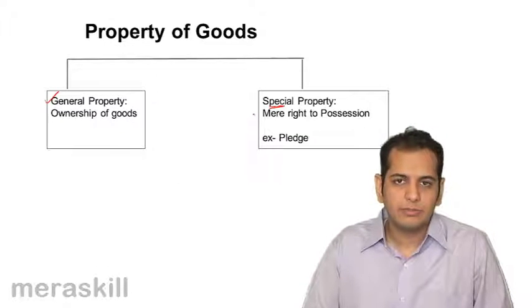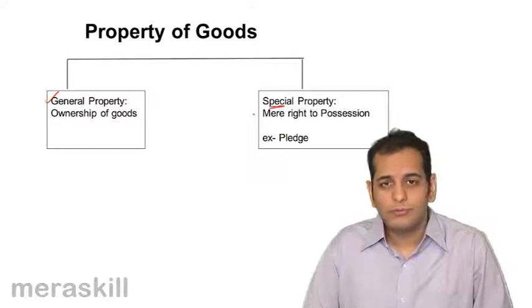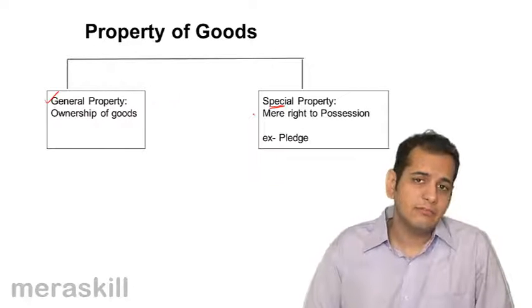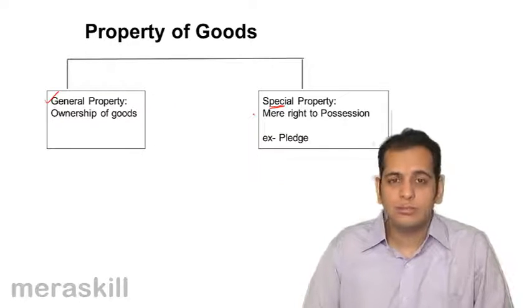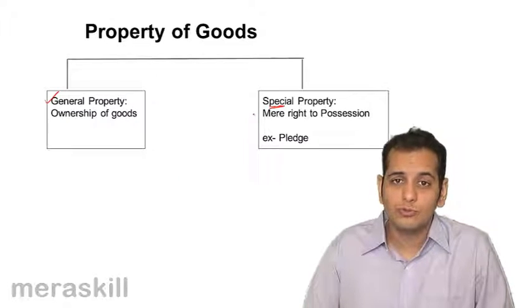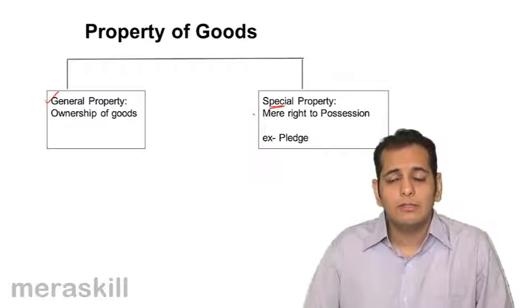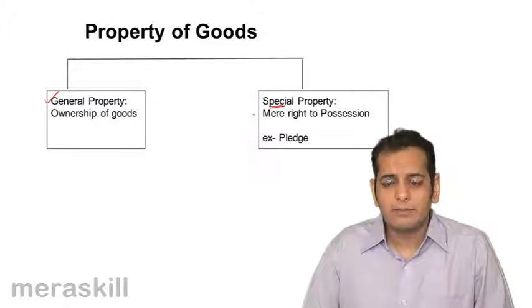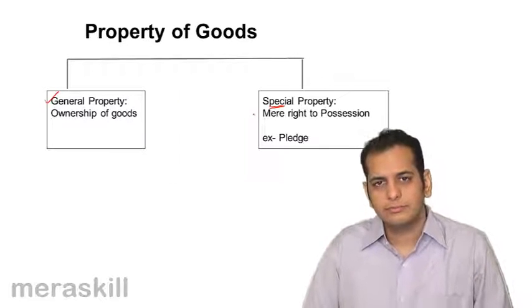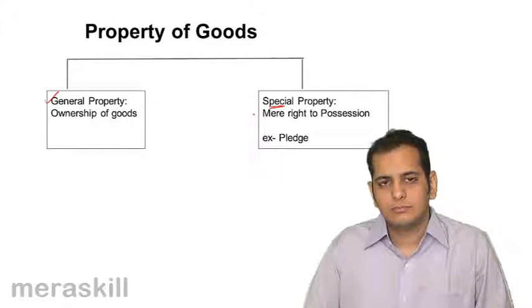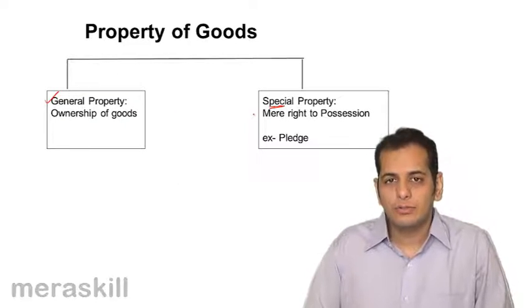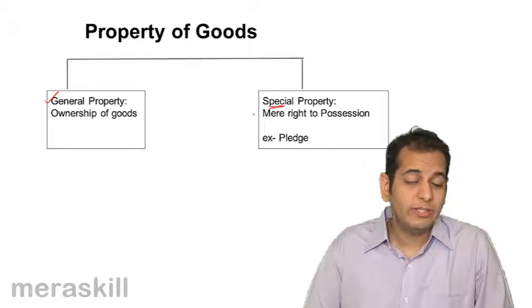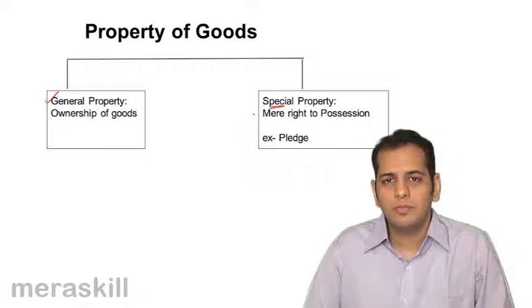What do you do in a pledge? You take a loan from some person and then give him some goods as security. Now, does that person who has given you the loan become the owner of those goods? No, those goods have been only kept as security, and once you repay the loan, he'll return the goods. So he does not become the owner, you remain the owner.